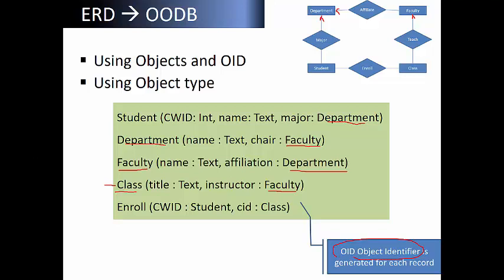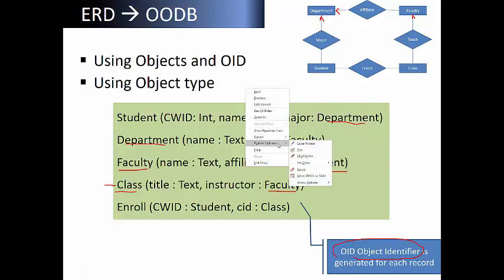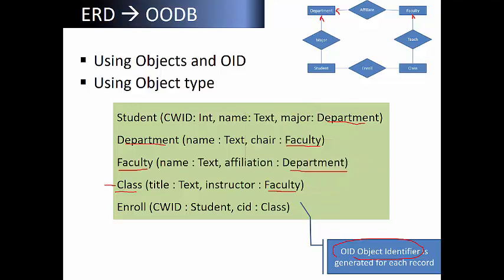If I see here a particular class, for this particular title, I want to see the instructor's affiliation.